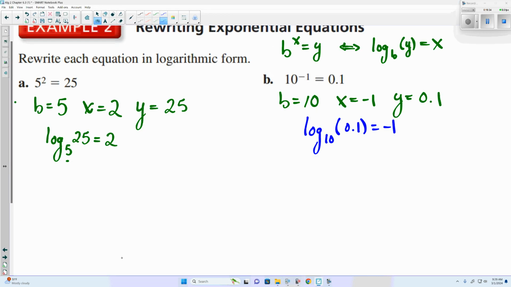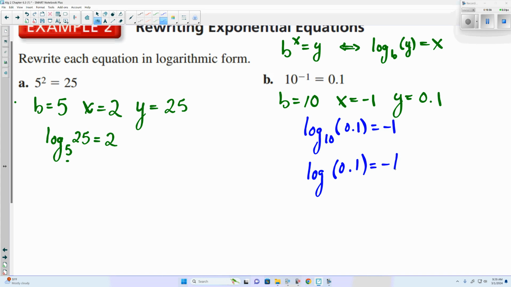So the 10 really doesn't matter? We don't have to write the 10. It's almost the same as writing an exponent of 1, like having 10 to the first power. But here, we're going to write it for now. Would that be the same if it was 5? It would not. This would be the same as log of 0.1 equals negative 1, because the base is understood to be 10.